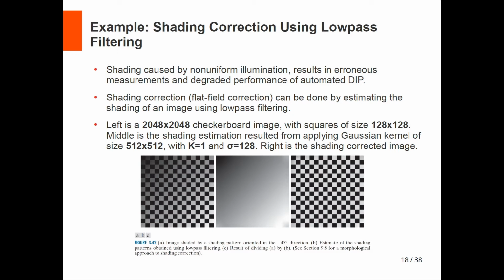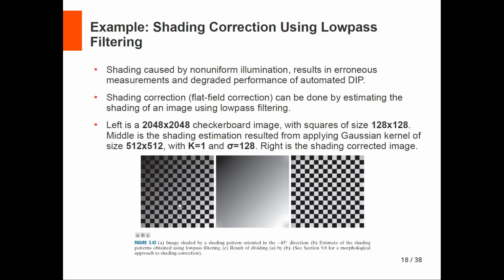One way that we discussed last time was that if we have access to the device that is used for scanning this image, and then we scan a blank sheet of paper, we can get a good estimate of the shading. But what if we don't have access to the scanning device? Can we use the original image to get a good estimate of the shading? That is exactly what we did here.